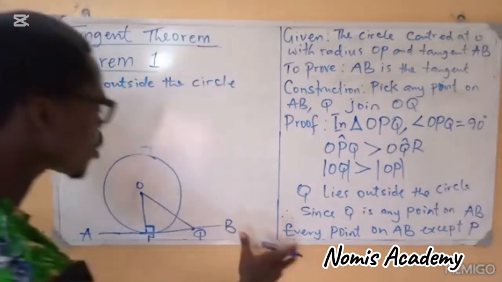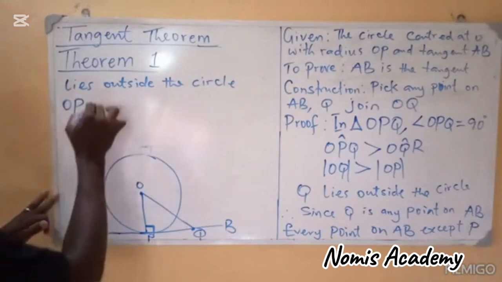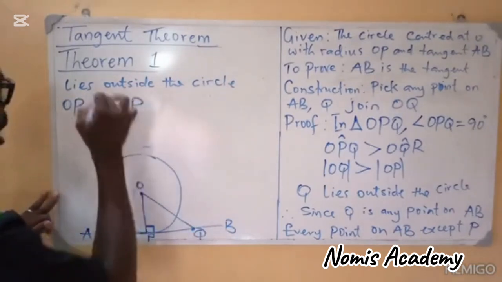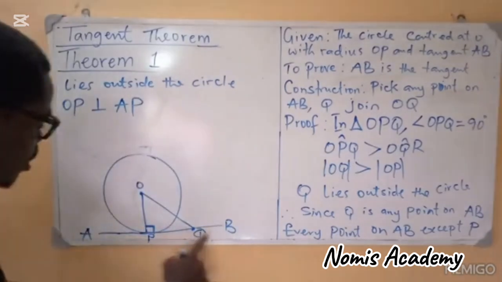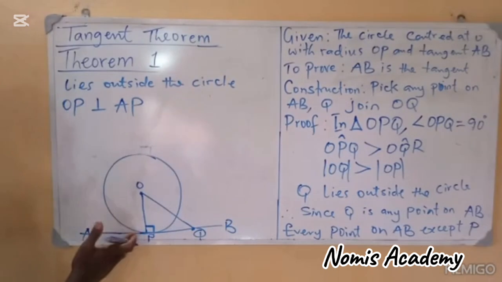So we can now conclude that OP is perpendicular to AB, and that is why we call this line AB the tangent of the cycle.